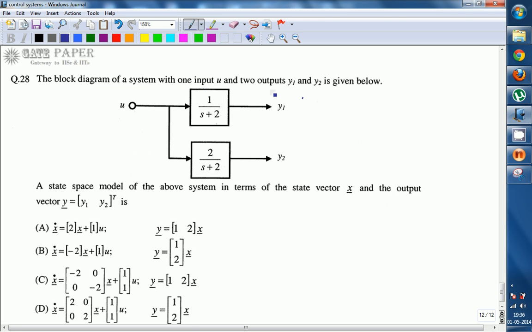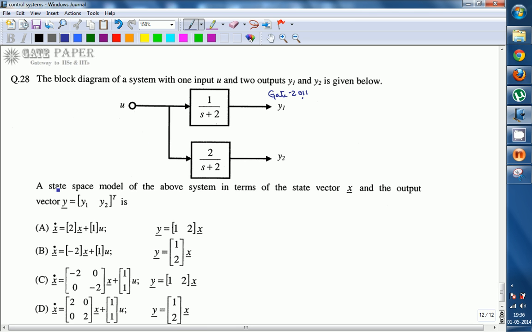We are going to see the questions from GATE 2011 ECE from the control system subject. Here given that the block diagram of a system with one input U and two outputs Y1 and Y2 is given below.